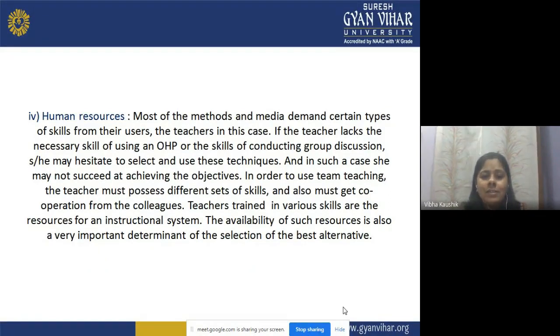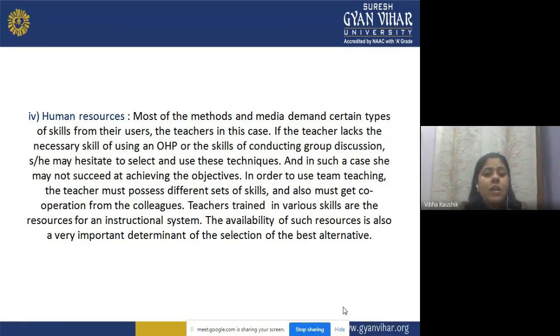If the teacher lacks the necessary skill of using an OHP, overhead projector, or the skill of conducting a group discussion, she may hesitate to select and use these techniques. Then what will happen? I don't know how to operate an OHP, so as a teacher, I will hesitate to use an OHP to teach a particular topic.